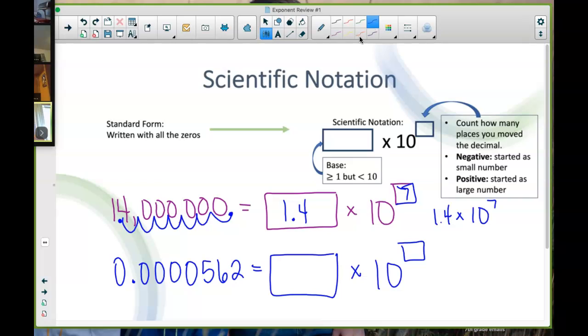So I'm going to move my decimal. The decimal has to go right after the 5. So it's going to be 5.62, because we need a number greater than or equal to 1, but less than 10. And then I count 1, 2, 3, 4, 5 places. But because it started as a small number, it's going to be negative. So it's going to be 5.62 times 10 to the negative 5th power.